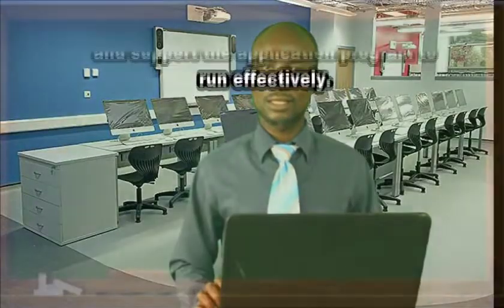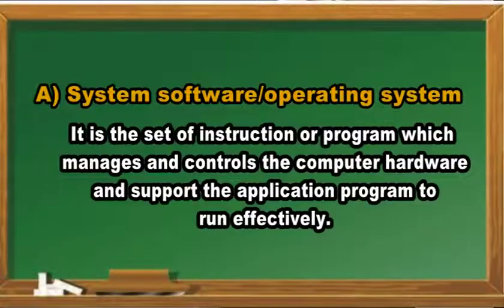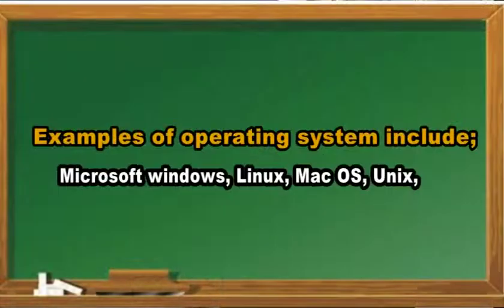System software is the set of instructions which controls and coordinates the basic operation of the computer system. Typical examples include Microsoft Windows, Linux, and the rest.